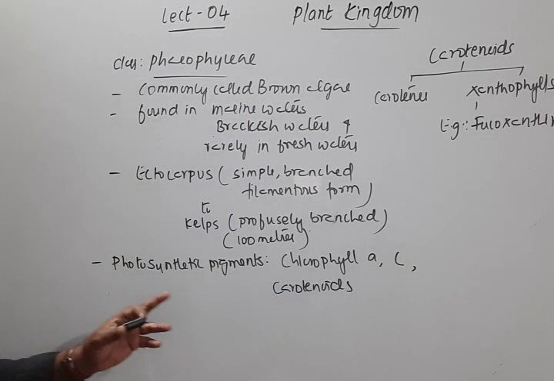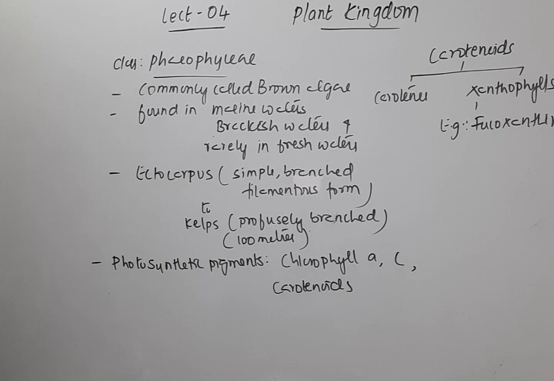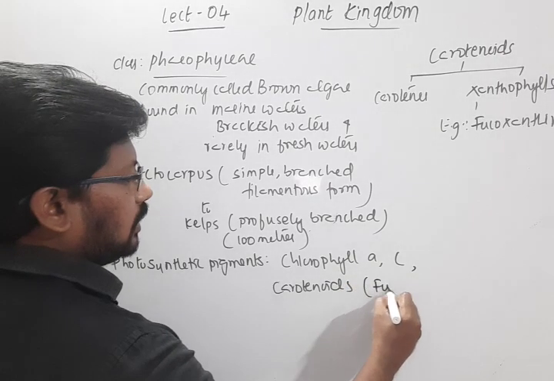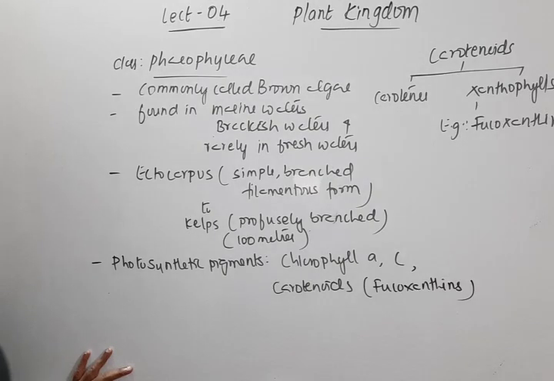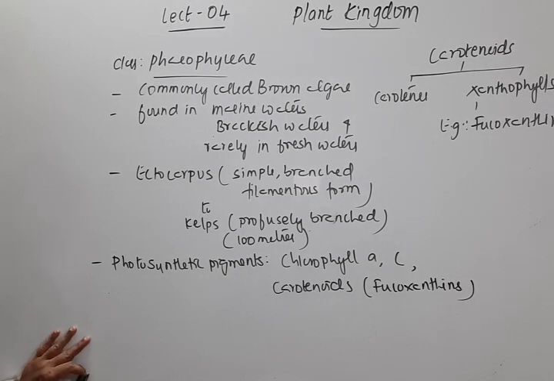So here it consists of chlorophyll A, C, and carotenoids, which includes fucoxanthin. The color depends upon the amount of fucoxanthin present in them.